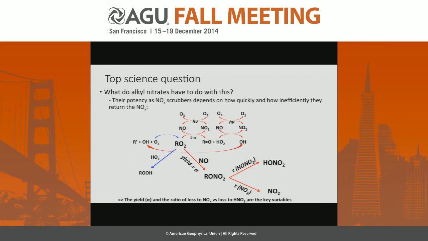On the other hand, if the yields are zero, then the chemistry is most efficient. Or if we have a significant alpha, but these nitrates are just converted back to NOx very quickly, it essentially doesn't matter. And so that's what we've been working on in our lab, and in the field, to try to understand these time constants and what is the yield of nitric acid essentially from this chemistry.